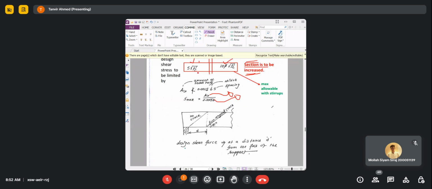Now, if I want to show you this equation more graphically, then I have to draw. For example, I'm drawing a beam section here.